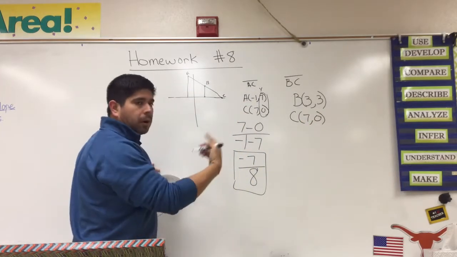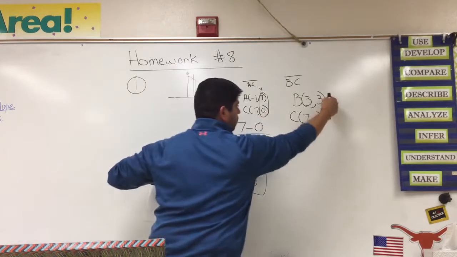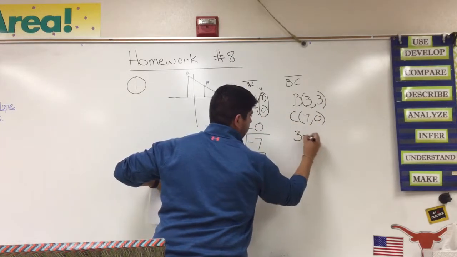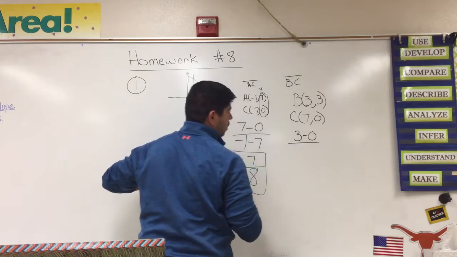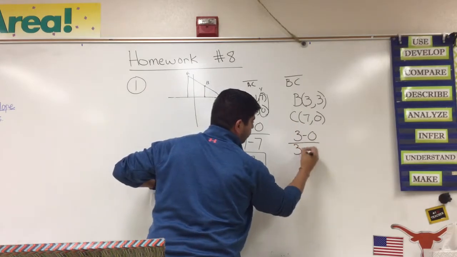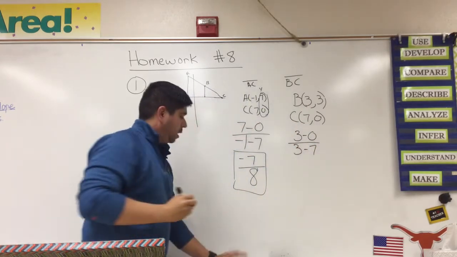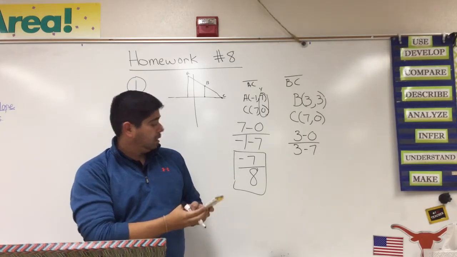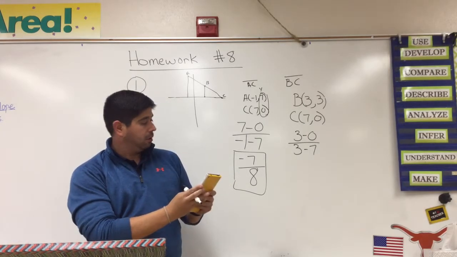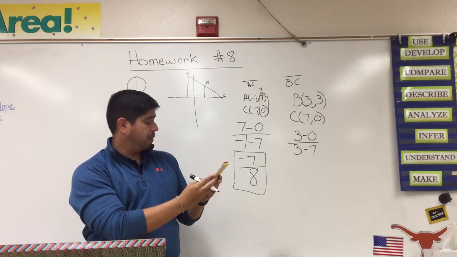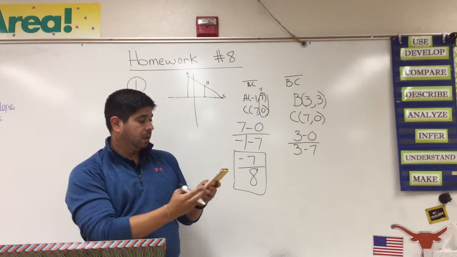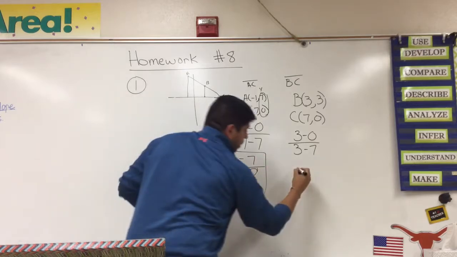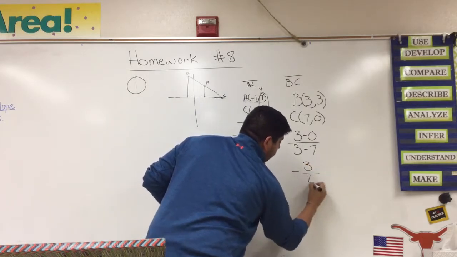Remember my y's go first, so what's on top? So 3 minus 0 over 3 minus 7. Put this in your calculator, exactly how it looks. So I'm gonna do control divide, 3 minus 0 over 3 minus 7. Hit enter, you're gonna get -3 over 4.